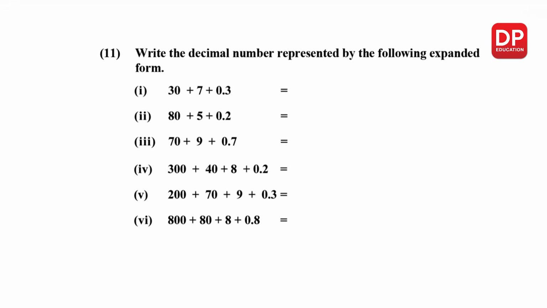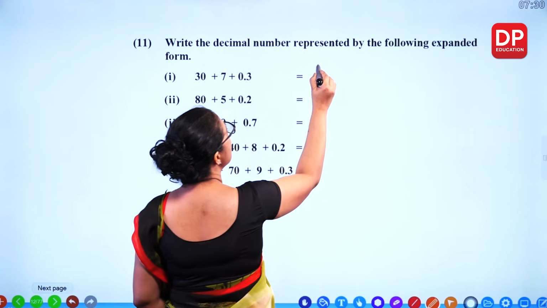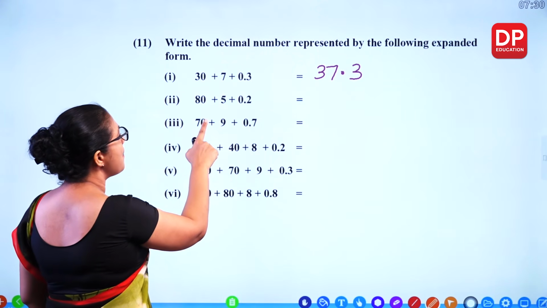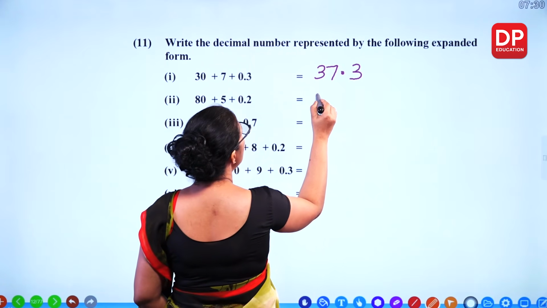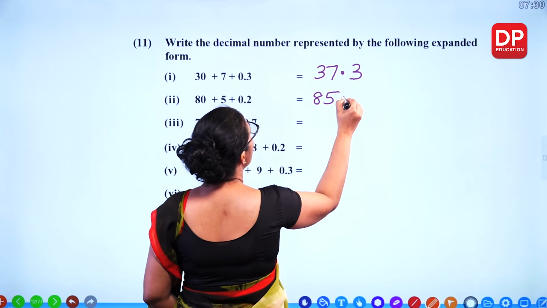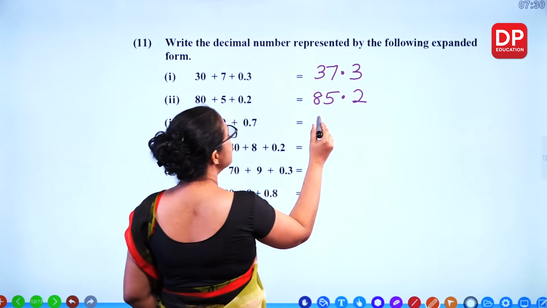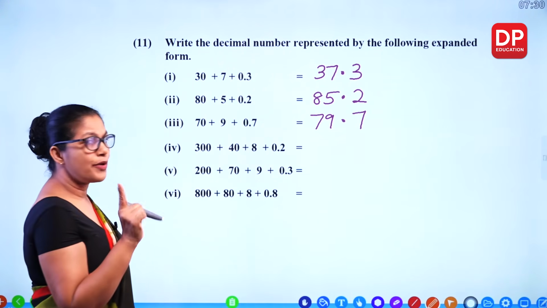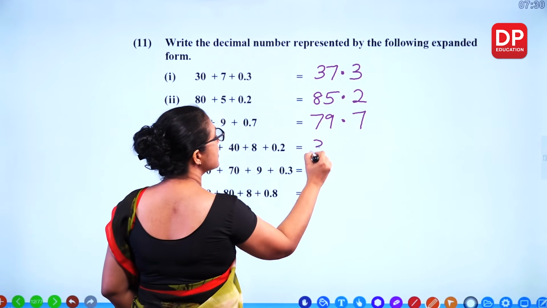Write the decimal numbers represented by the following expanded form. 30 plus 7, 37, and adding 0.3, 37.3. 80 plus 5, 85, 85 plus 0.2, 85.2. 70 plus 9 and adding 0.7, 79.7. 340 and 8, 348.